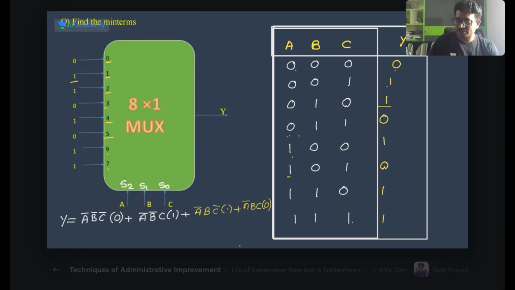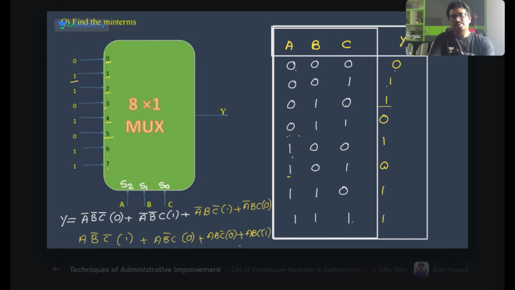Yes, what else now? A B bar C bar into 1, plus A B bar C into 0, plus A B C bar into 0, plus A B C into 1.